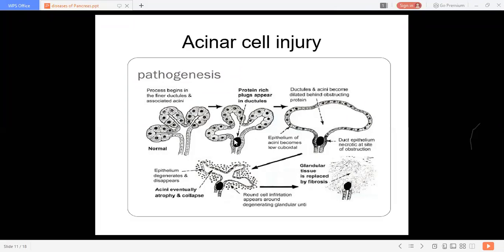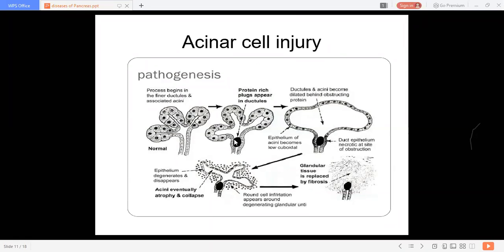This inflammatory material may be a clump of organisms with other inflammatory cells. It may be a lump. The obstruction gives rise to destruction of the pancreatic epithelium, and it leads to fibrotic changes.